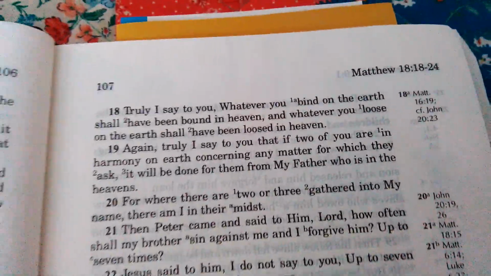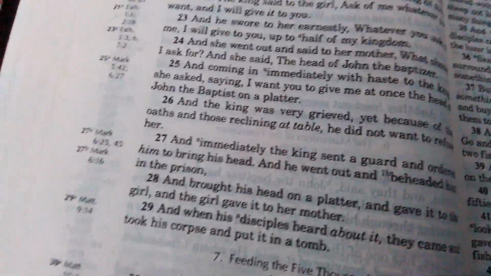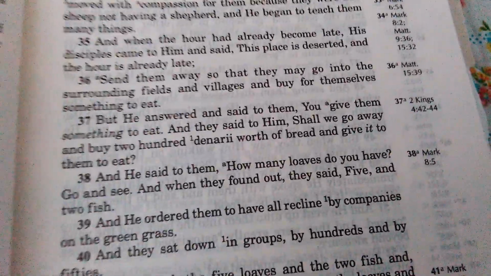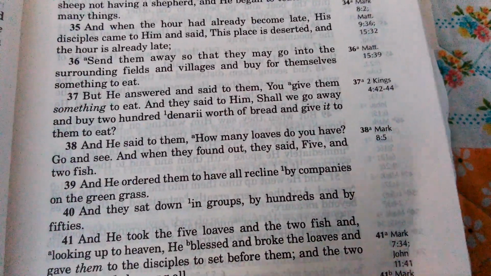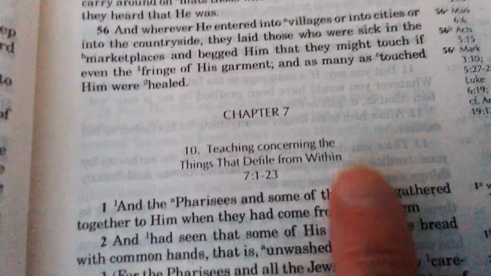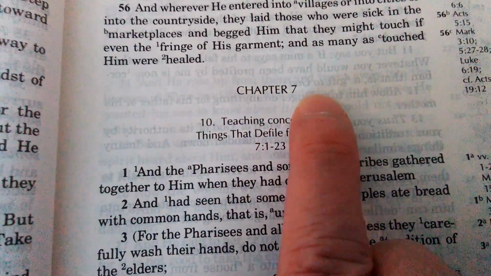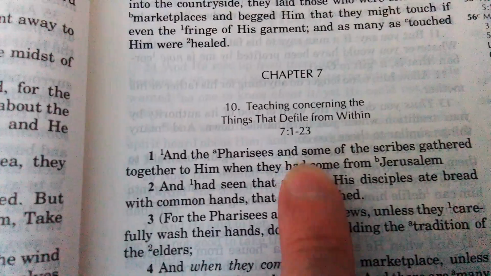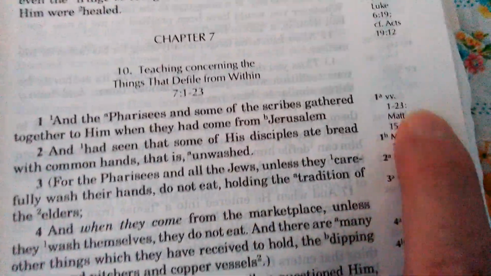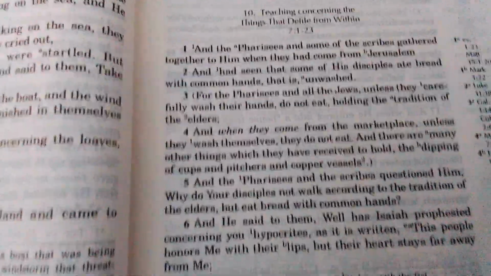Now that happens to be in Matthew. If we go all the way to the Gospel of Mark, you will see the same type of cross references all the way through. Notice this. Each chapter begins with a certain number of verses. Then you have everything about it, and then you have the side references as well.